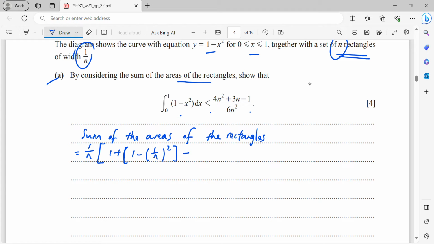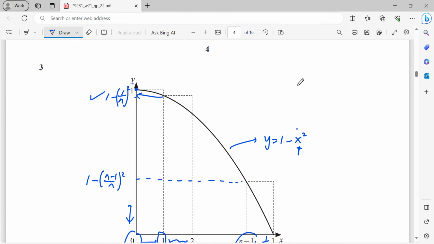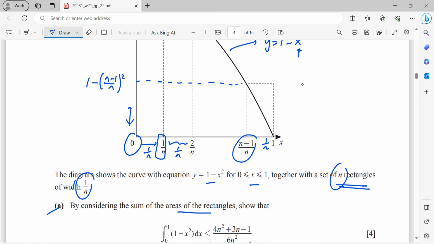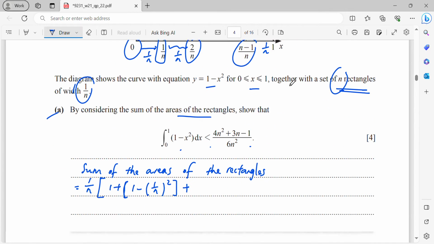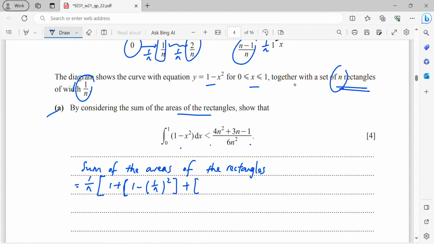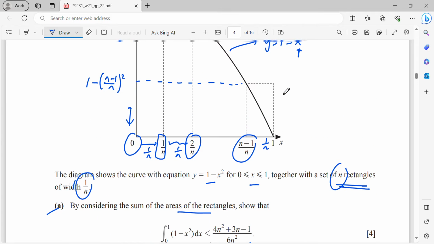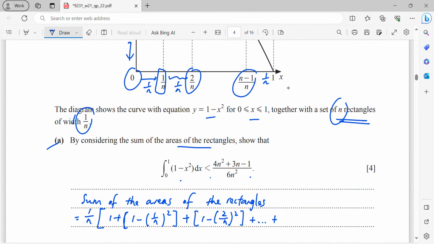And then plus, the next rectangle is going to be this x, right? So I just show you some values. So 1 minus 2 over n squared, until the last rectangle, the height is 1 minus n minus 1 over n squared.